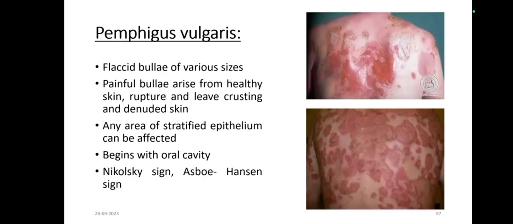This is pemphigus. It's a flaccid bulla of various sizes, and these bullae arise from healthy skin all of a sudden, and they leave a crust with skin denudation, and any epithelial tissues can be affected.